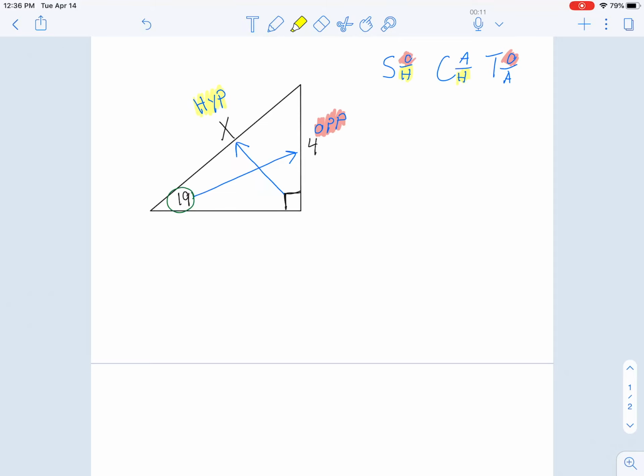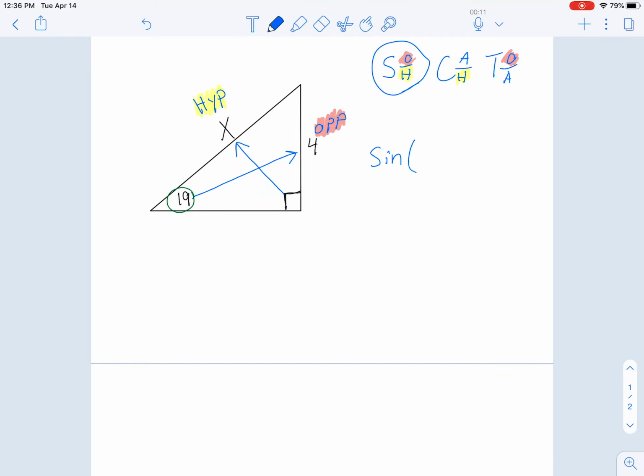So, which one of these did I highlight both sides on, both the opposite and hypotenuse? It was our sine. That's the only one that we highlighted both things on. So we're going to write this out using sine: S-I-N, parentheses.